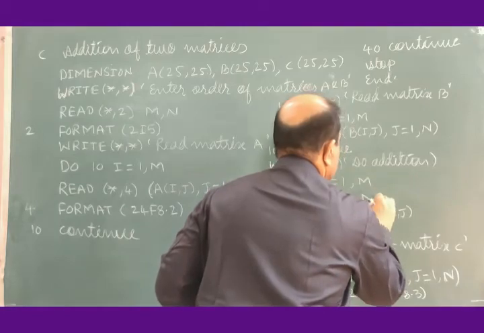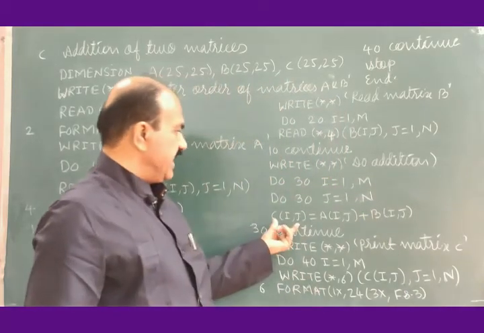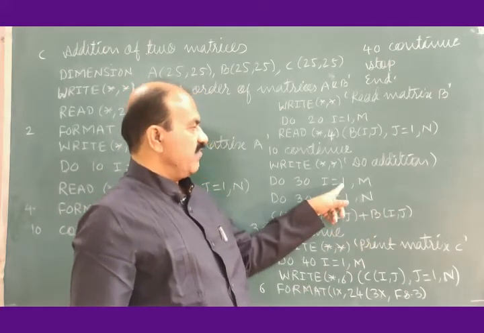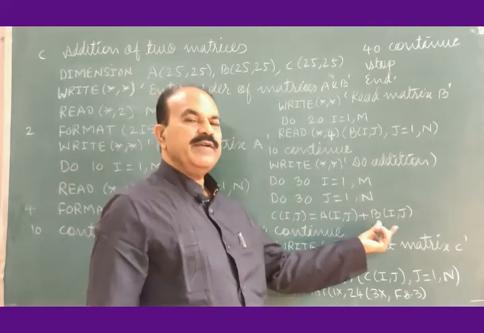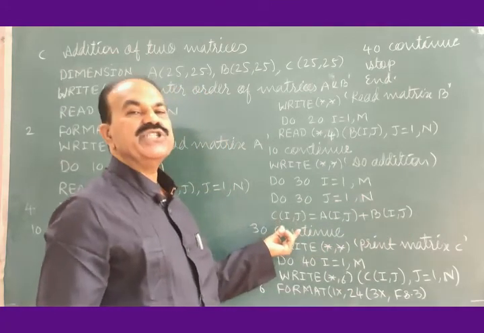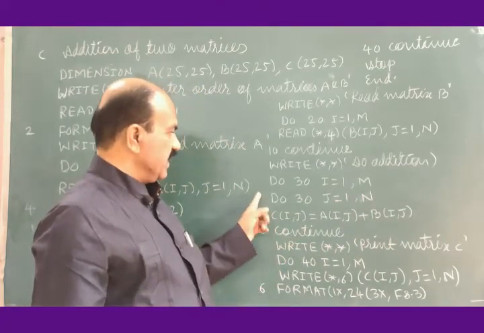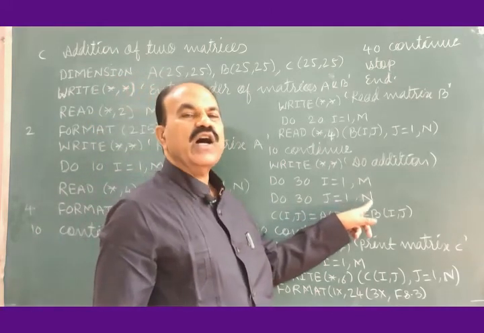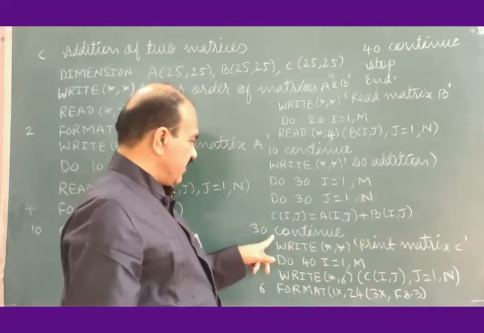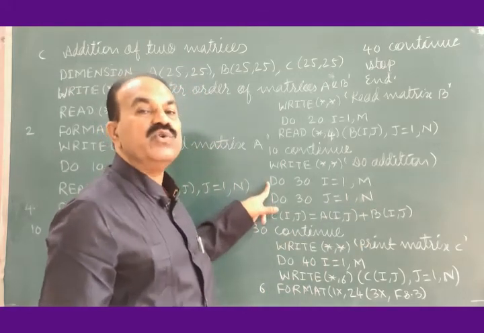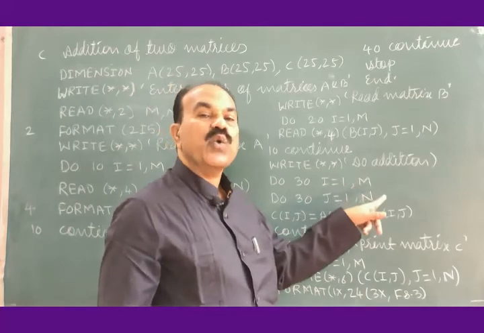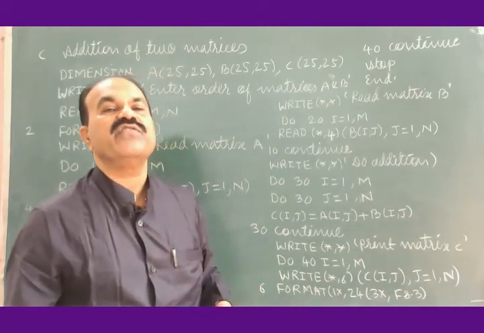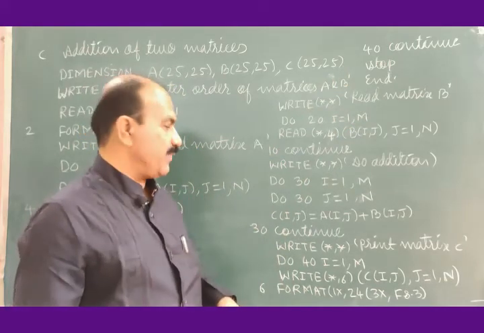Addition is done here: Cij is equal to Aij plus Bij, A11 plus B11 gives C11. Continue. The control will go to the inner loop. This is continued till all columns are completed. After that, this continue will go to the outer do loop till all rows are completed. This way, addition of all the elements of A and B is done.